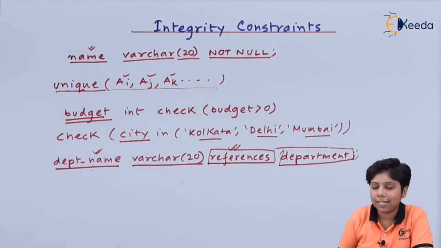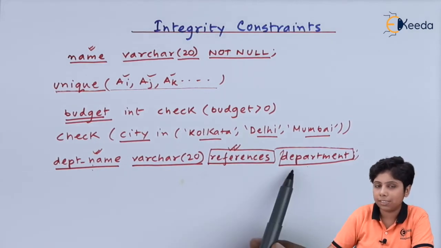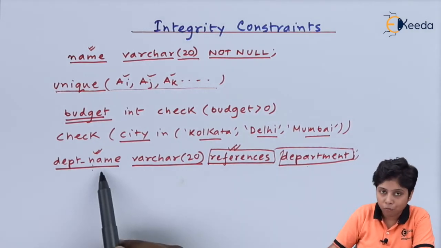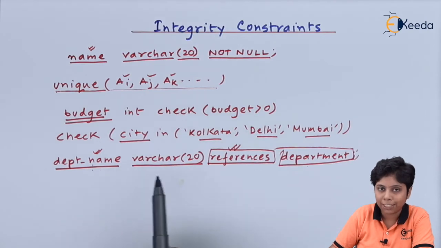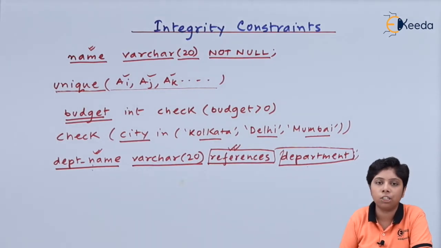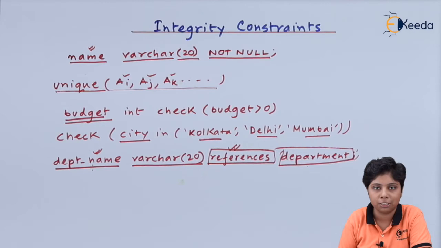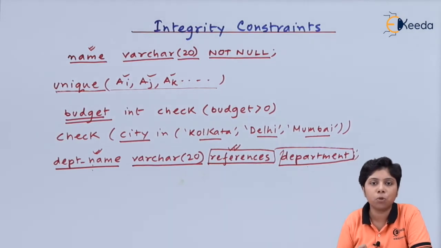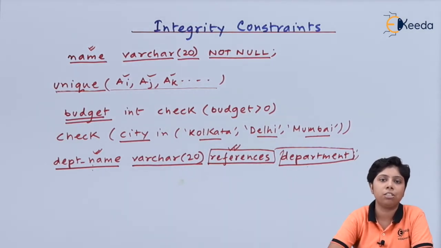So I can see that I have put this relation name here after the references so that this attribute name actually refers to one of the attributes in the relation department. So in this way we can use the referential integrity.